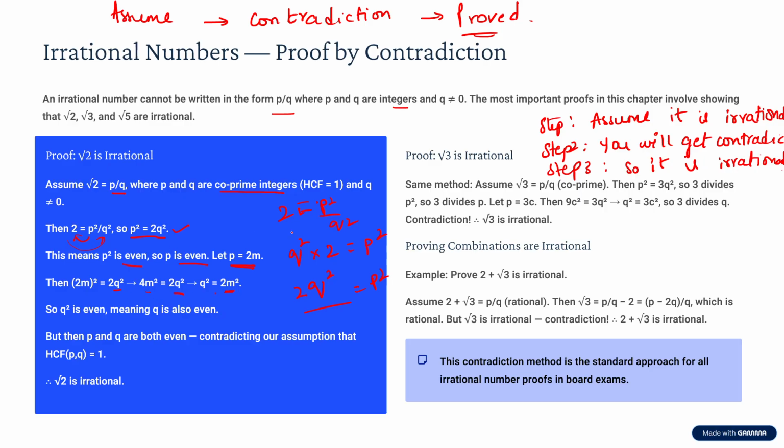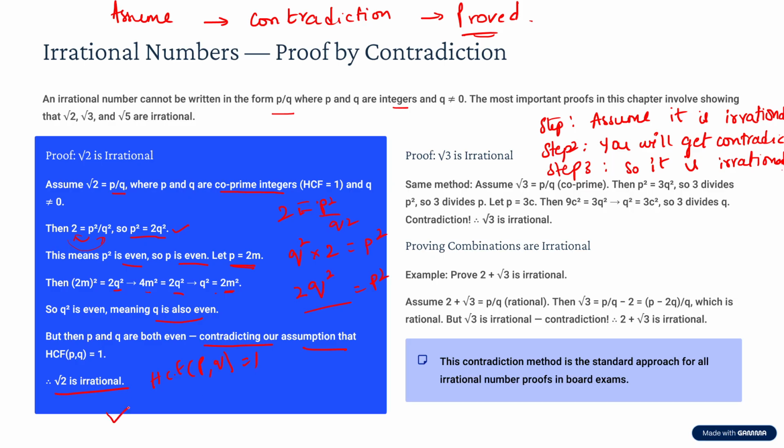I'll explain you again. So q square is even, again it means that q is also even. But then q and p are both even. So this contradicts our assumption that HCF of p comma q equals 1, and root 2 is irrational.